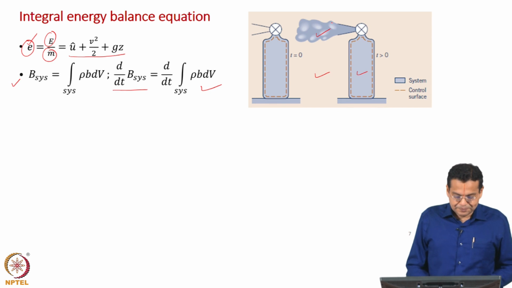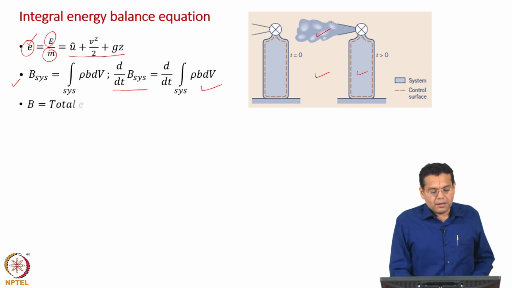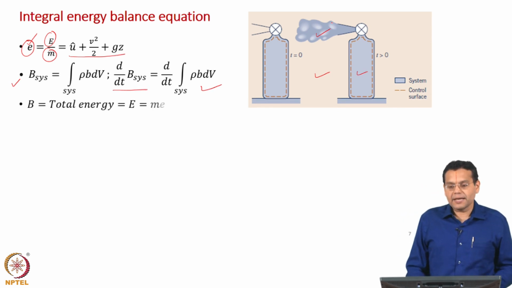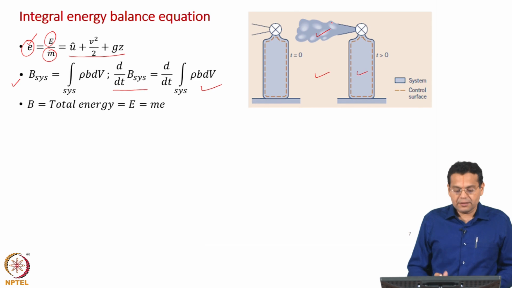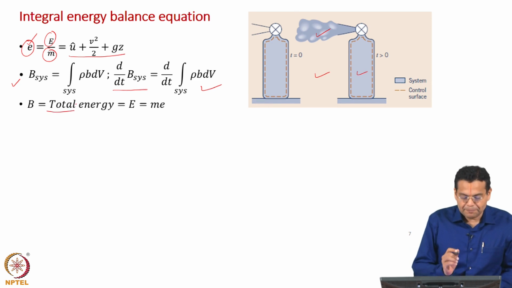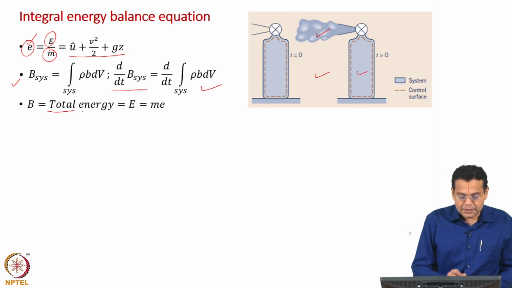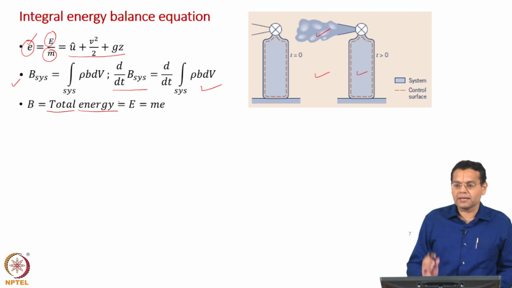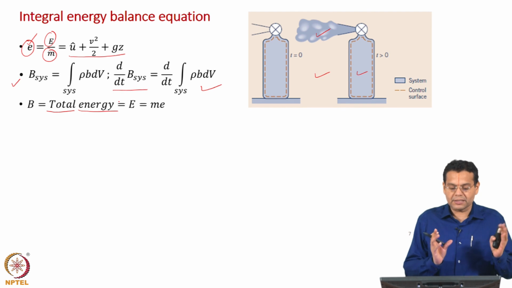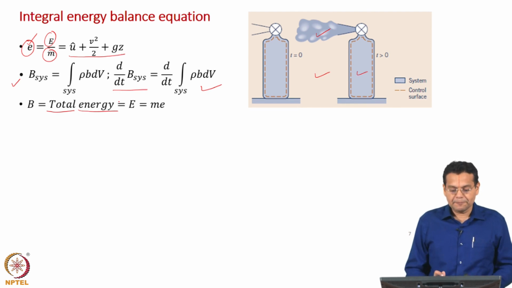Now, in the present case, capital B represents total energy, which is E. This total represents the extensive property. This energy represents the sum of all the three energies. So we can even say total energy: first total for the extensive property, second total for the sum of all the three energies.